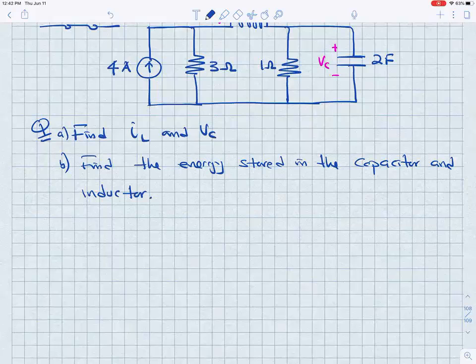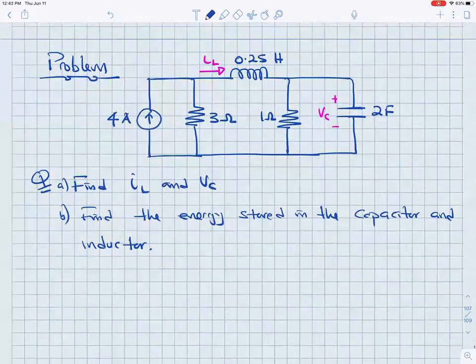I'm going to give you 2-3 minutes to see whether you can solve this. It's not very difficult. Just replace them by the equivalent circuit, so long as we know that this is DC. Replace them, and then you can analyze it.